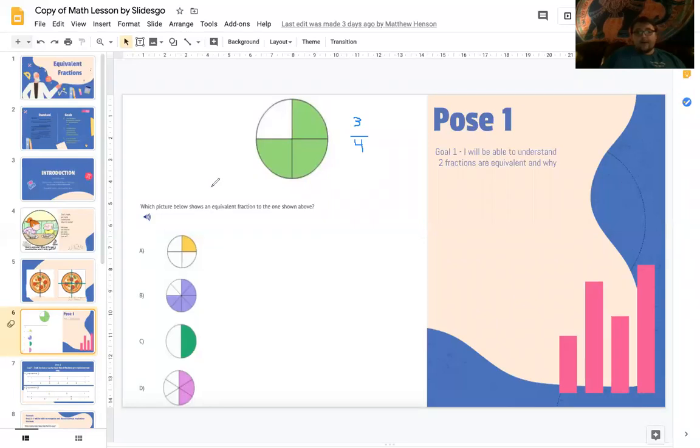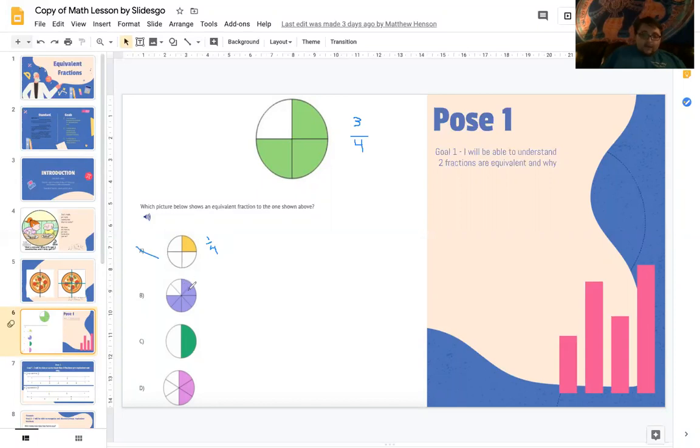Now, the only thing I have to do in order to find an equivalent fraction here is figure out which one of these has the same amount of shading as this one. So if I look here, I can see that only this one part's shaded, and that's 1/4. So those are not equivalent because it has less shading than the green.